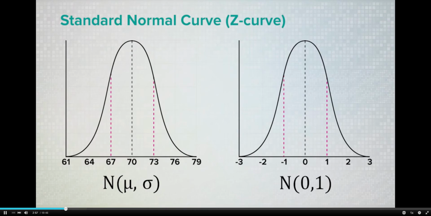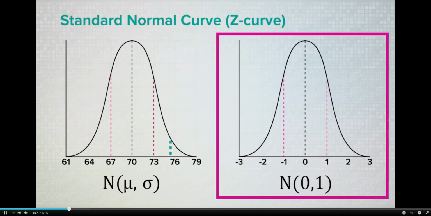For example, if I have a gentleman who is 75 inches, on this curve, he's located right here at 75 inches. But over on this curve, where is he located? So what I want to do is take the z-score for 75 because I want to find out where the z-score is over on the other curve.